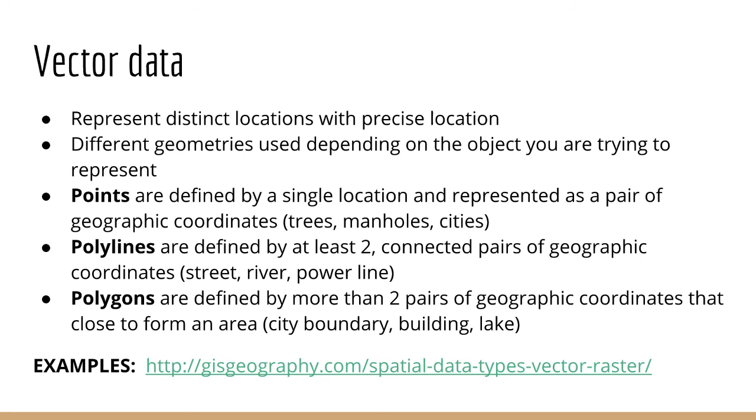The things in the real world that we might model as points are things like trees, manholes, light poles, maybe a city on a map might be a point. Polylines are defined by at least two connected pairs of geographic coordinates, things like streets, rivers, power lines. And then we have polygons. Polygons are lines that close on each other, things like city boundaries, buildings, and lakes.